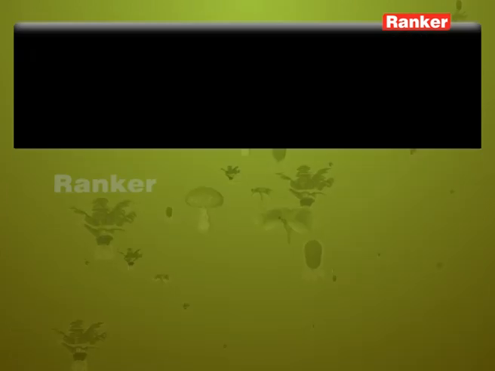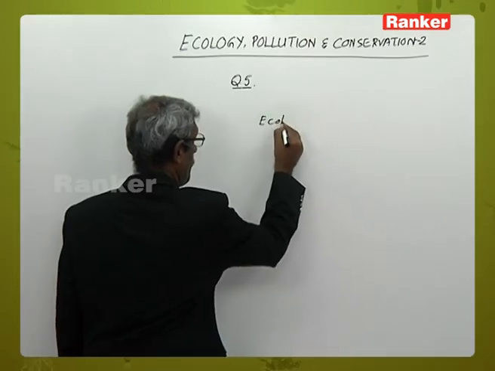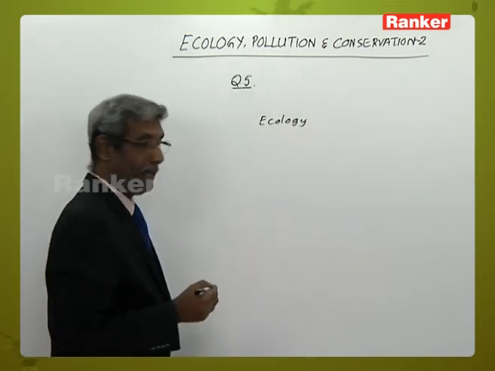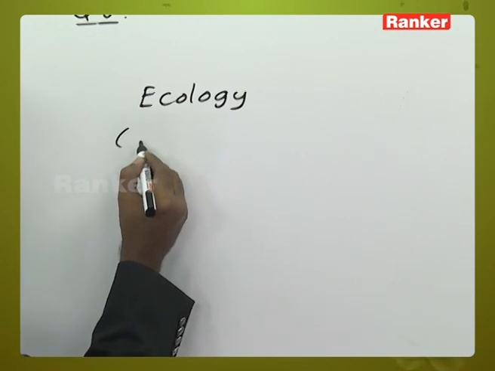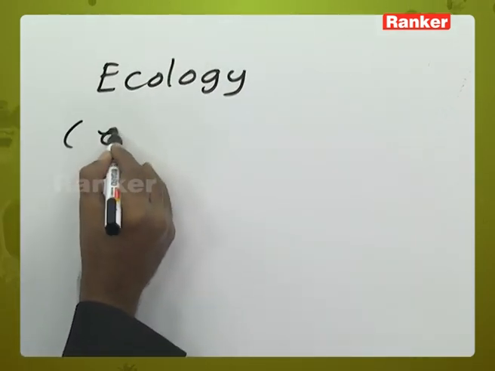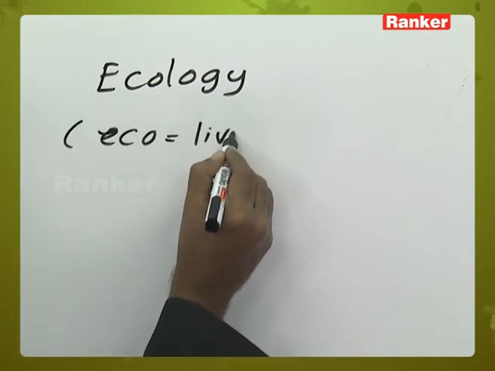Question number 5. The term ecology was coined by A. Reiter, B. Tansley, C. Haeckel, D. Odum. Ecology primarily deals with the study of the discourse related to eco, that is normal living forms.